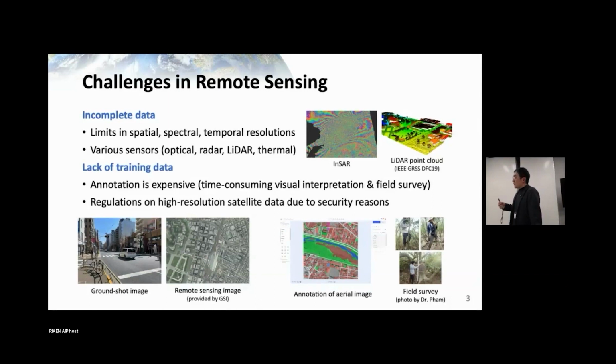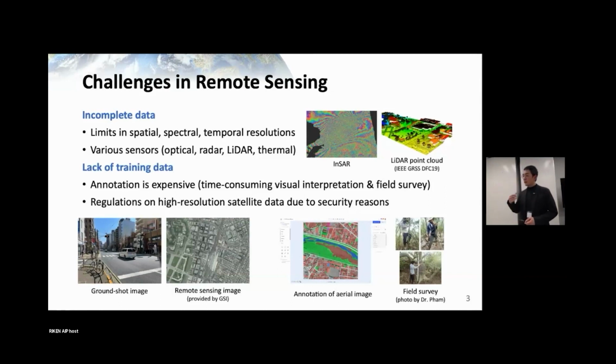And also each project is designed for specific applications. So each satellite has a very different specification of sensor design, which makes the analysis also challenging. Another challenge is lack of training data, which is often the case for many domains. Annotation of every single pixel for this kind of very complex thing is very time consuming compared to ground shot images.